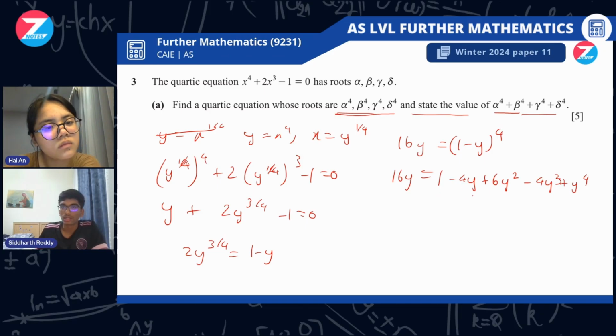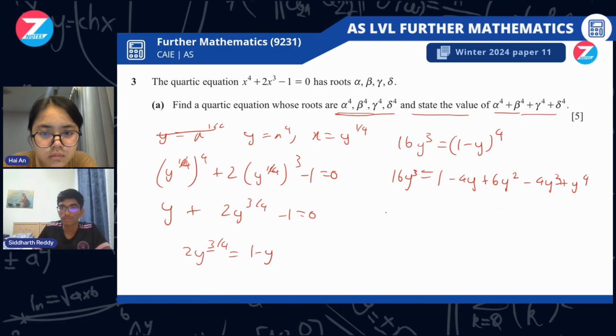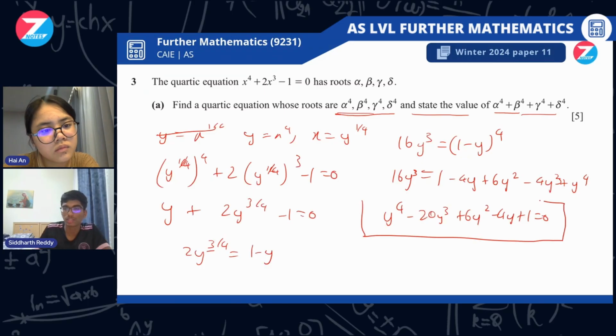Oh yeah, actually this part is 16y cubed. After raising to the 4, this exponent 3 remains. My fault. Okay. So just subtracting the 16y cubed on both sides, we have y to the power 4 minus 20y cubed plus 6y square minus 4y plus 1 is equal to 0. So this is the quartic equation whose roots are these.